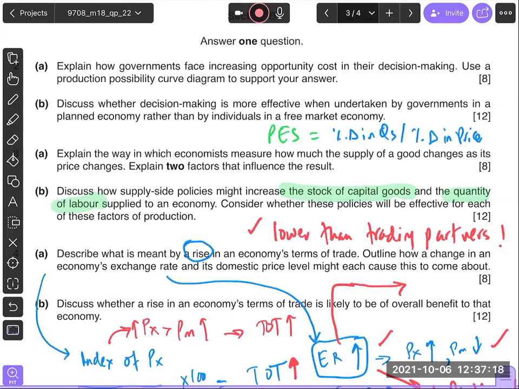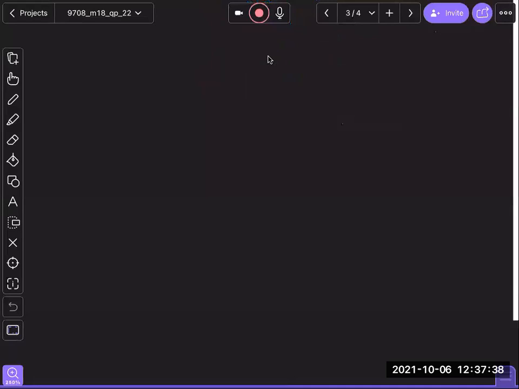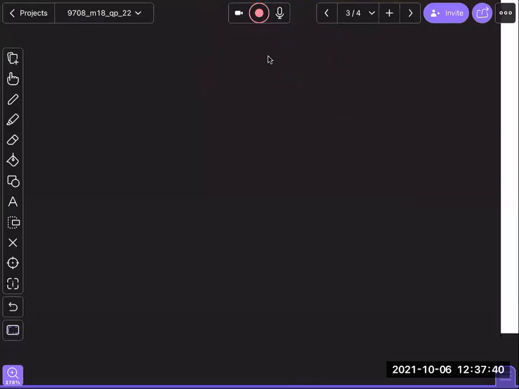No, Amal, we don't include technology as a PES factor. Make sense? Okay. So guys, what are supply side policies? Supply side policies are policies that are trying to improve the aggregate supply of the economy. So we can make a diagram like this one.